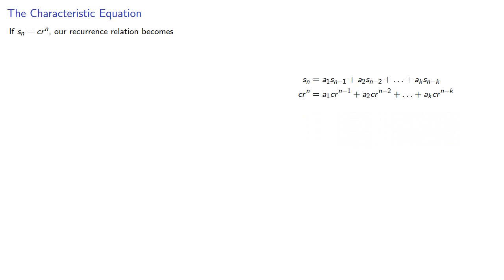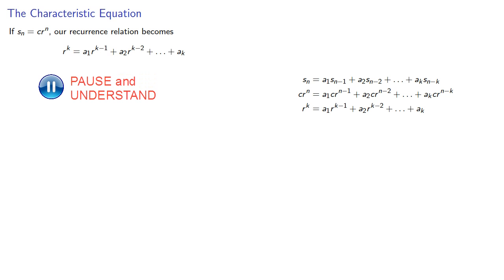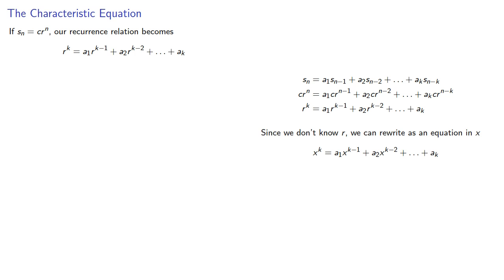Everything has a factor of C and r to the power n minus k, so we can factor that out. And so we get our recurrence relation. And since we don't know r, we can rewrite this using a variable x to get our characteristic equation.